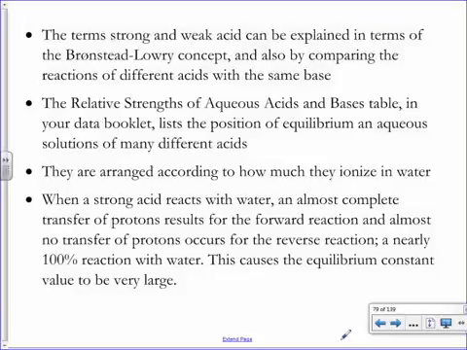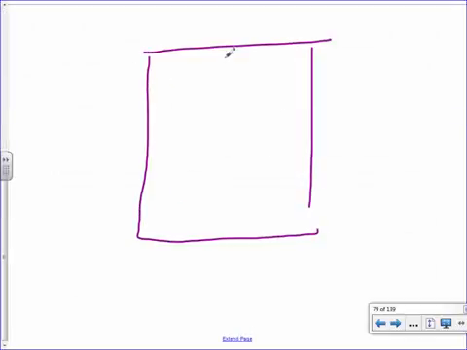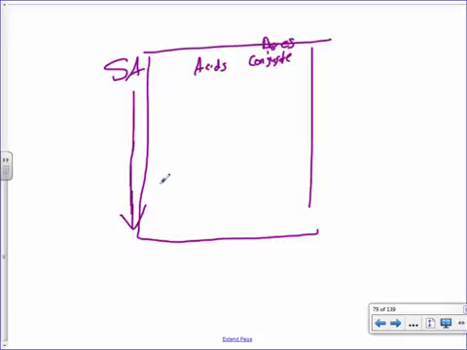Essentially what we can do then is we can actually make this table look the exact same as we did with the equilibrium table. On this side of the table are your acids, and right next to them are the conjugate bases. The strongest acids are up in the top corner going down.